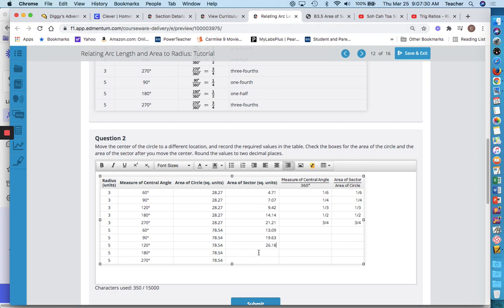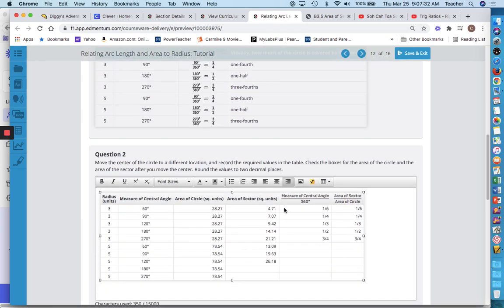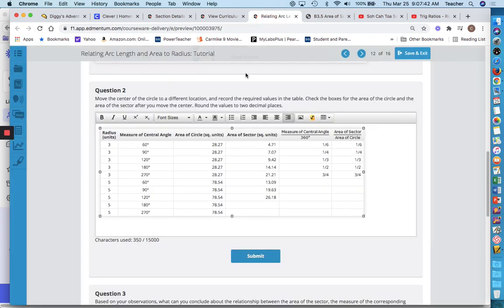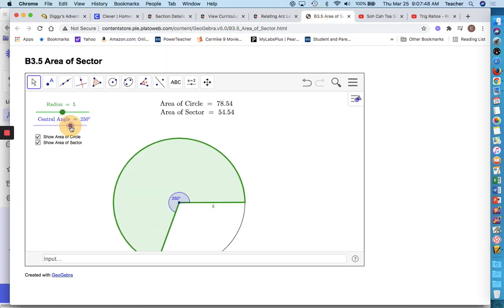All right, move it to 180. Whoa, didn't mean to do that. All right, 39.27. Last one is moving it to 270. 58.9.